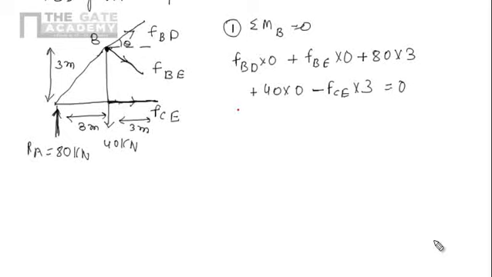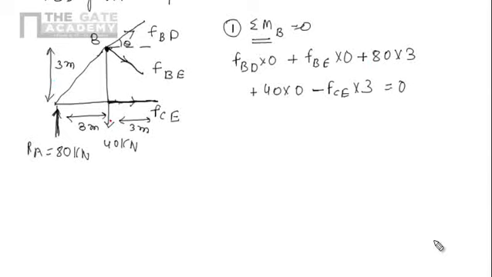I would like to repeat again. I am taking the algebraic summation of moments of all the forces about B should be 0 as our equilibrium equation. So at B, FBD and FBE are passing through the point B. It means perpendicular distance is 0. So I am writing 0 here, 0 here. The moment will be 0. Due to 80 kilonewton, here it will be 80 and perpendicular distance is 3. So 80 into 3, and the moment is in clockwise direction. So it is positive.